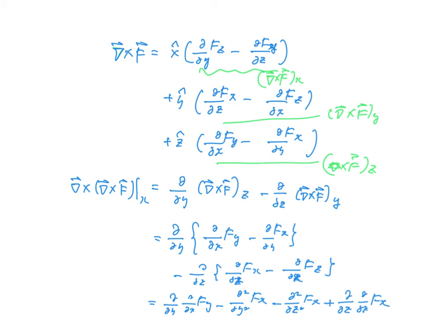So it becomes partial x partial y partial fy plus partial z partial x partial fx minus partial y square partial square fx plus partial z square partial square fx, right?